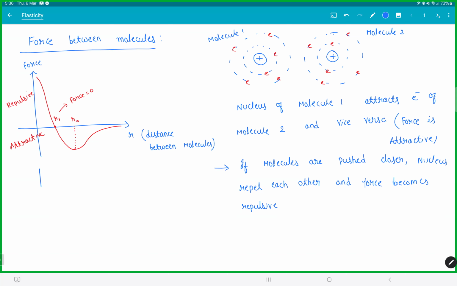Now the same graph, if you try to draw it in chemistry, you would have seen a potential energy versus R graph, U versus R, where U is potential energy. Now we know the relation between them: F is equal to minus dU by dx. So basically when force is zero, the slope is zero.